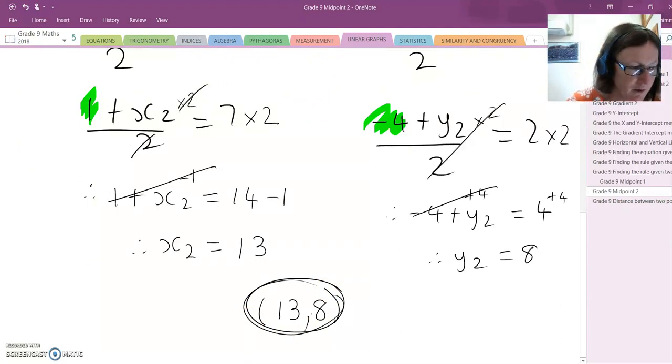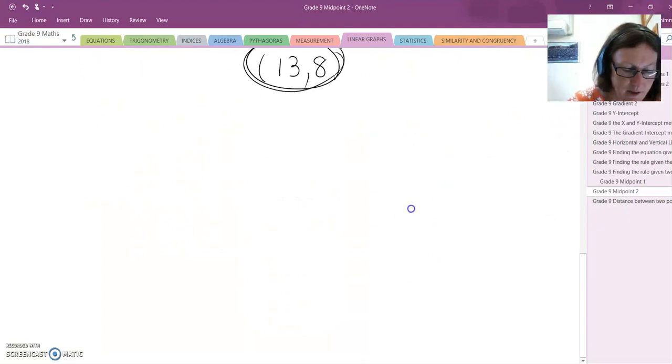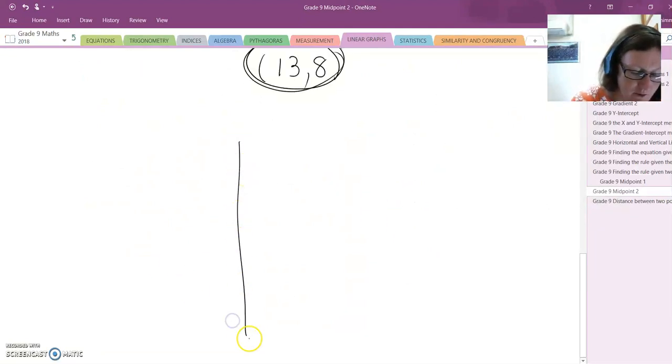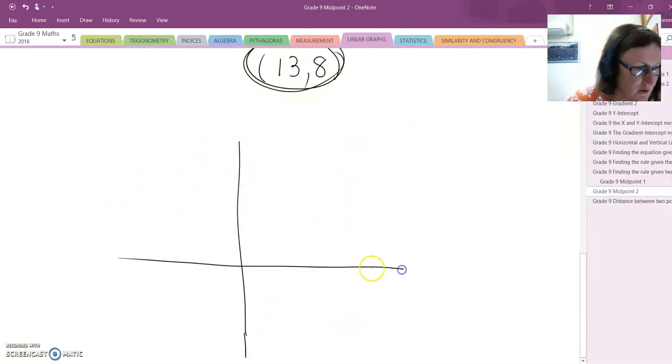So what we've got here, if we do a quick sketch, we were told that the midpoint was 7, 2. 1, 2, 3, 4, 5, 6, 7. So we're told that that was our midpoint. Our point A was 1, -4.